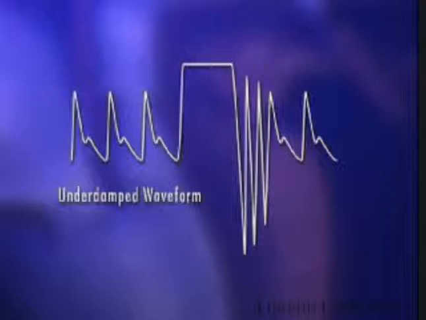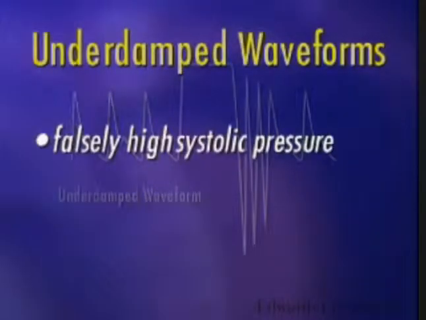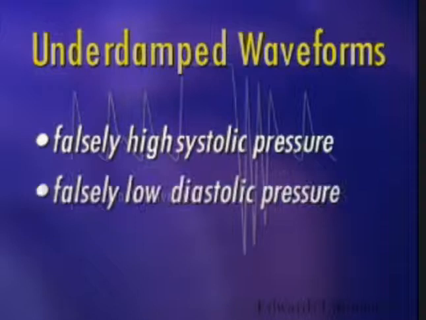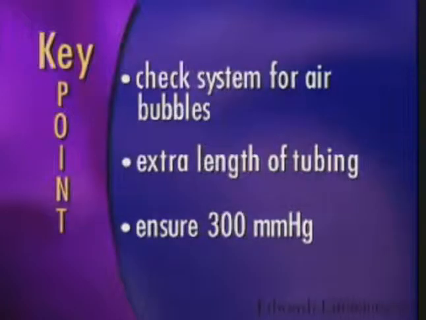These oscillations are usually of equal height. Underdamped waveforms give falsely high systolic pressure and falsely low diastolic pressure readings. If either an underdamped or overdamped tracing is observed, check the pressure system for air bubbles, extra length of tubing, and ensure the pressure bag is at 300 millimeters of mercury of pressure.